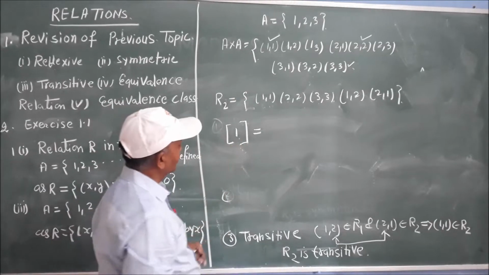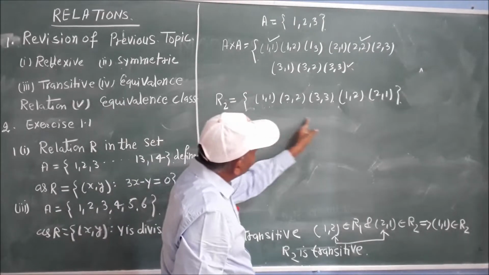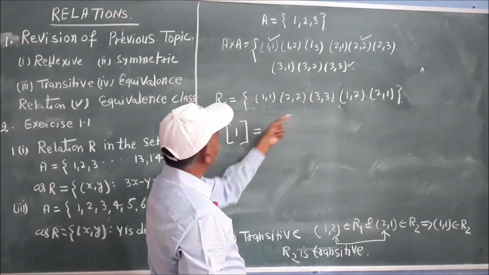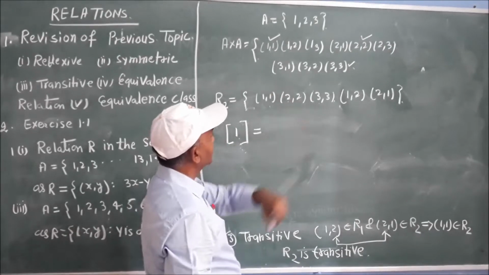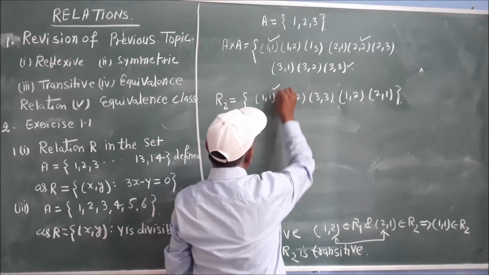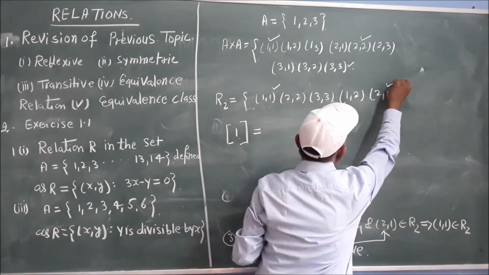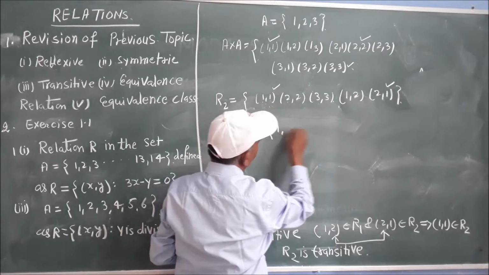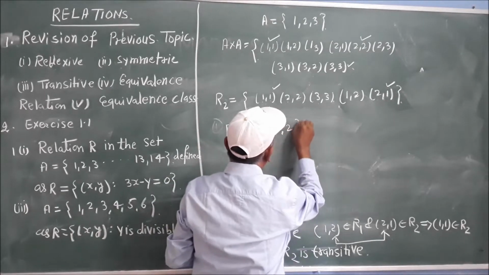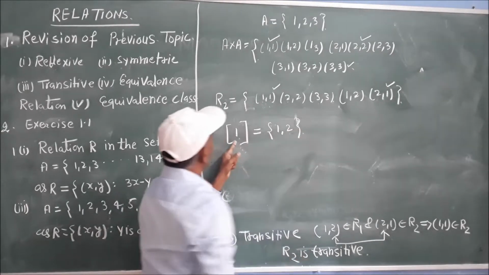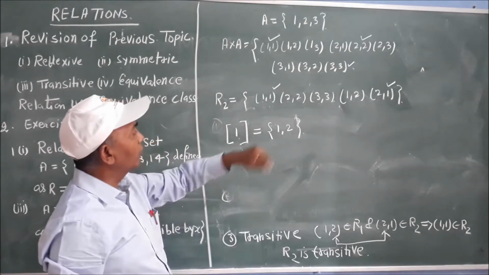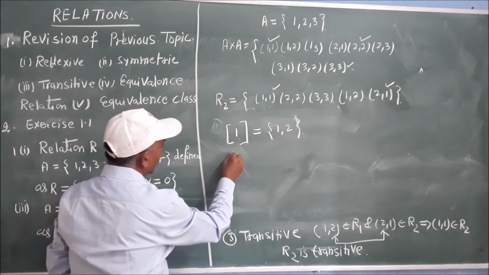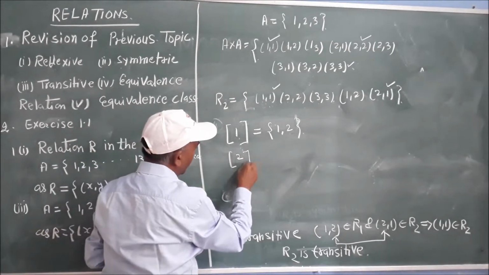Equivalence class of 1 means you have to check among these which term is related to 1 when 1 is in the second term. See here, 1 is the second term, here 1 is the second term. So it is related with which term? Here is 1 and here is 2. So the equivalence class of 1 is 1 2.